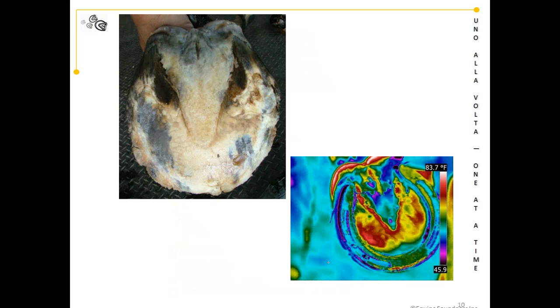On the left top, you see a superhydrated foot. This horse was delivered to me into the hoof clinic for a different problem. He had some white line separation in the front that was resected, and somehow that wasn't growing out, and he was very, very lame.